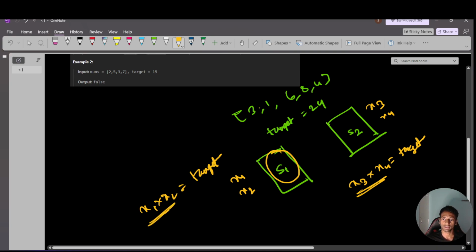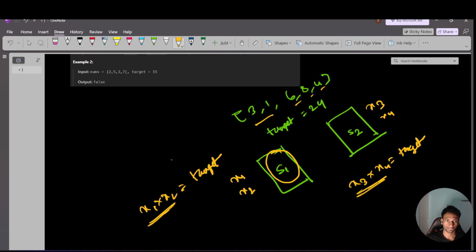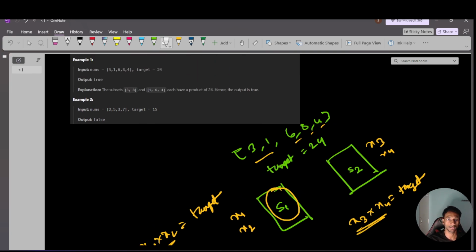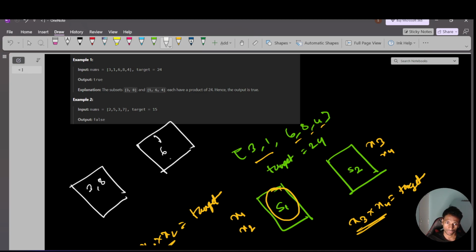So suppose for this example, 3 1 6 8 4, what can I do? Suppose I take 3 and 8 in subset 1, and in subset 2 I have the remaining elements, 1 6 4. What is the product of all the numbers in each subset?